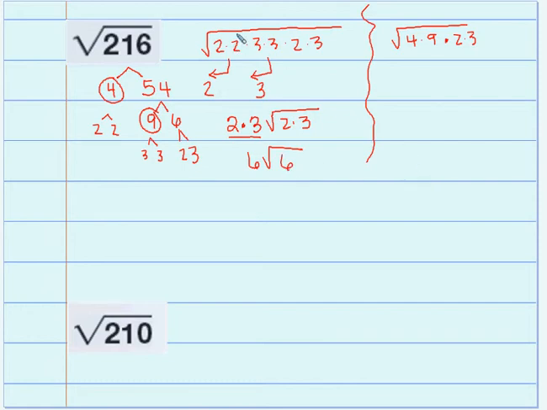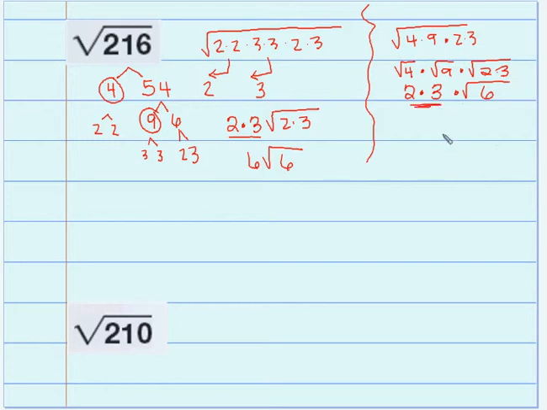Okay? You can also take the extra step and say, okay, well I know 2 times 2 is 4. That's fine too. Over here, if I do square root of 4 times the square root of 9 times the square root of 2 times 3, I have the same thing going on where square root of 4 is 2 times the square root of 9 is 3 times, and since these are not perfect squares, I'm just going to multiply them.